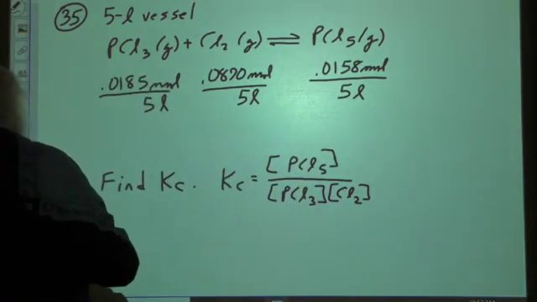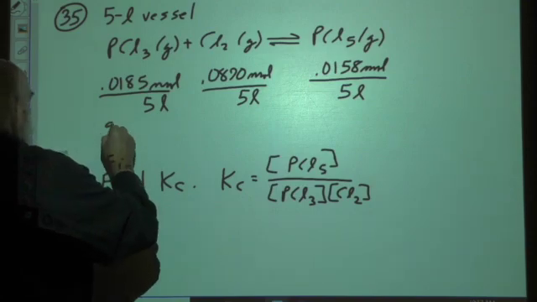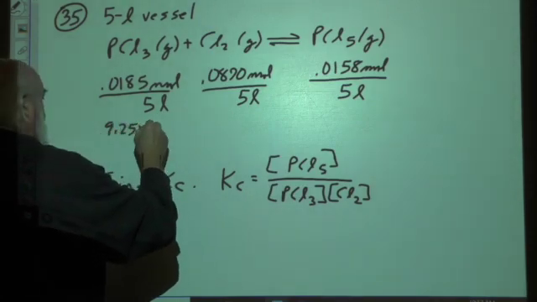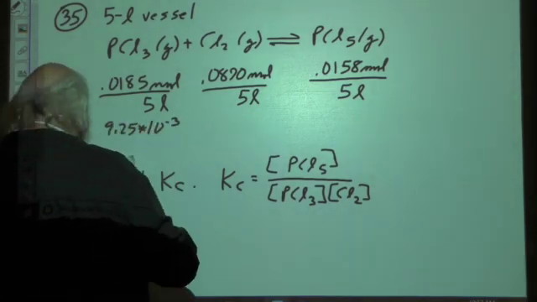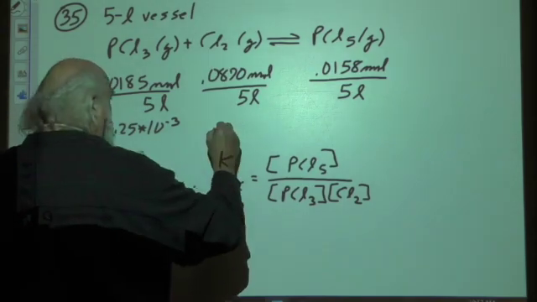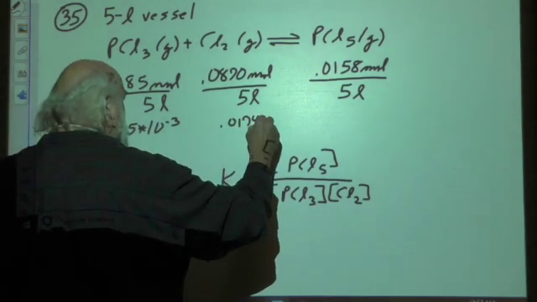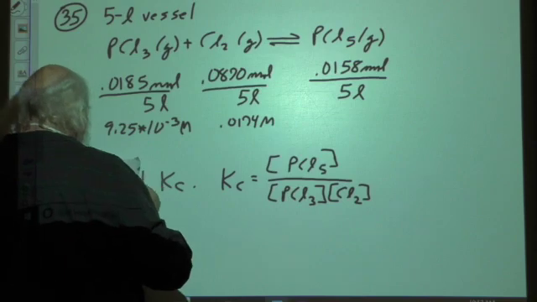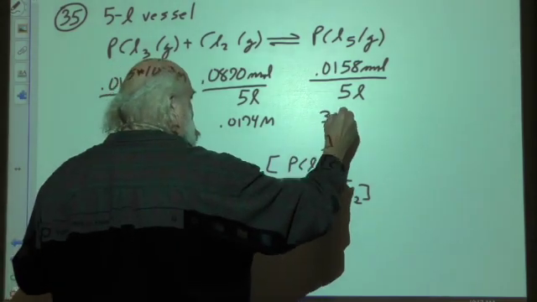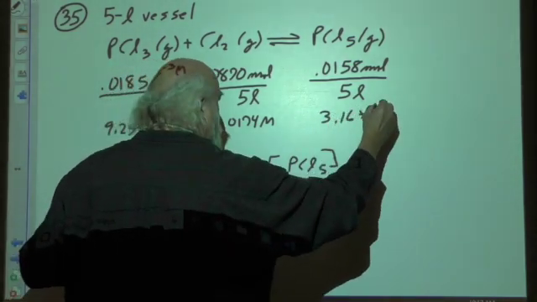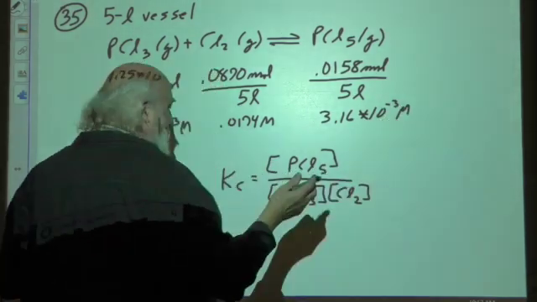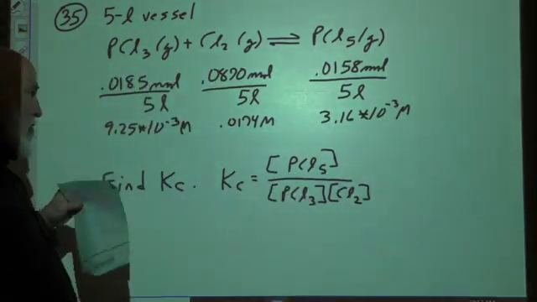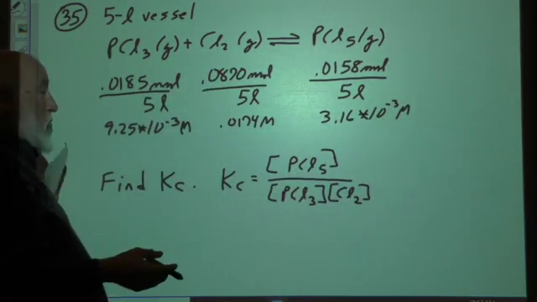So when we do the math on that, we get 9.25 times 10 to the negative 3. We get 0.0174 moles per liter. And we get 3.16 times 10 to the negative 3. I hate writing zeros, so I'm going to use scientific notation. Now all we have to do is plug them in.